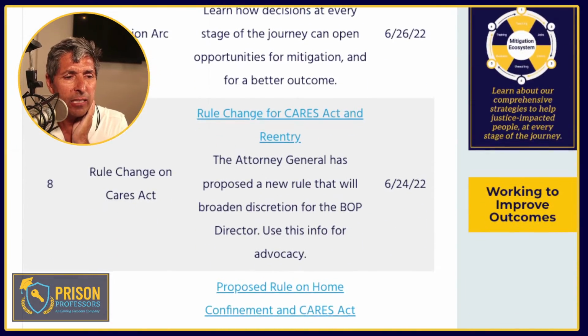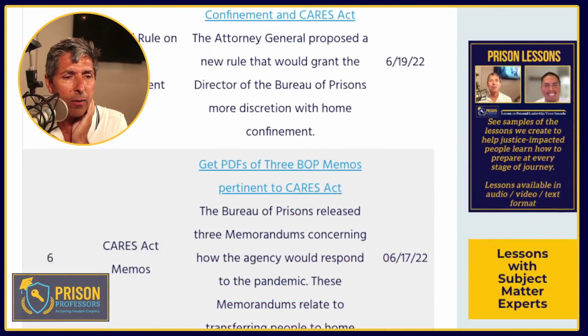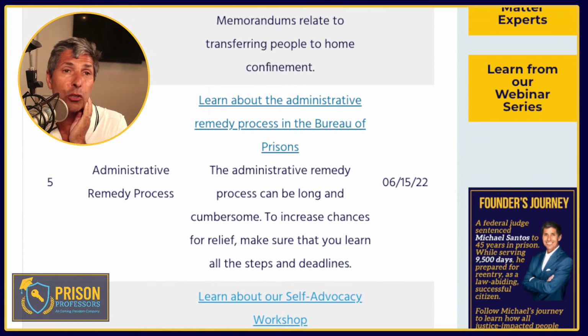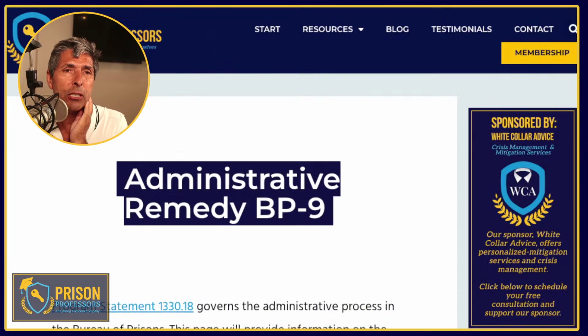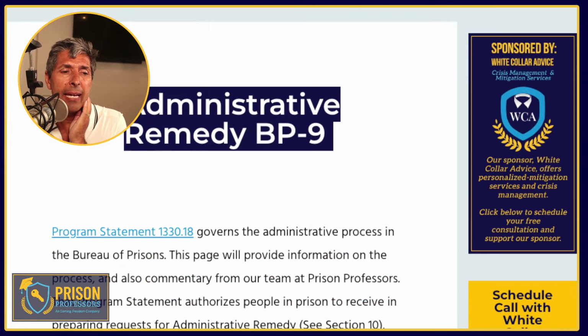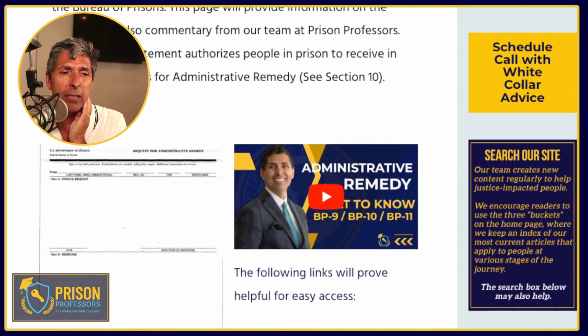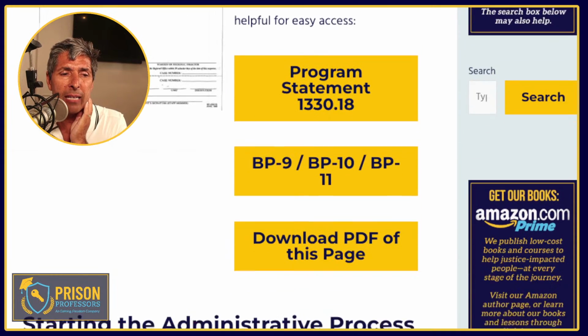I think you need to learn about these sections here, the administrative remedy process. You may know about this already, but you're going to have to work through an administrative remedy process first. And so I wrote this article here that shows you exactly how to do it.